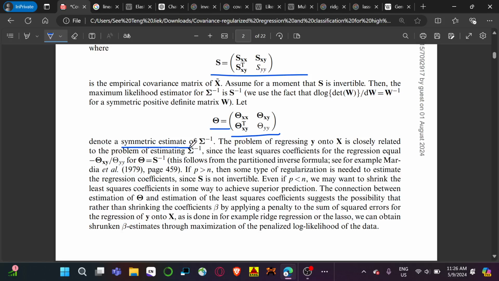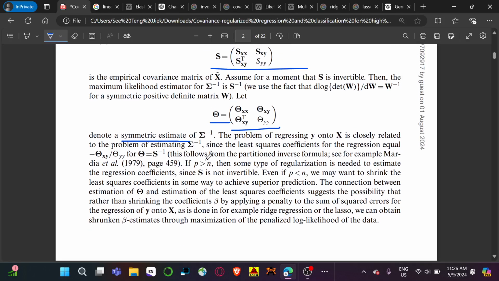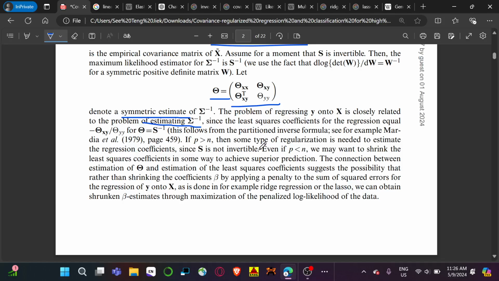Let theta be a symmetric estimate of the inverse covariance matrix. So the problem of regressing y onto X is closely related to the problem of estimating the inverse covariance matrix. It's kind of equivalent in a sense.